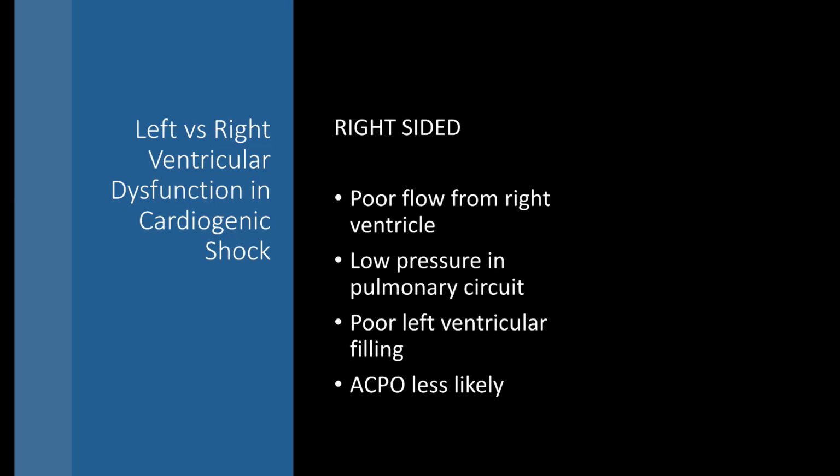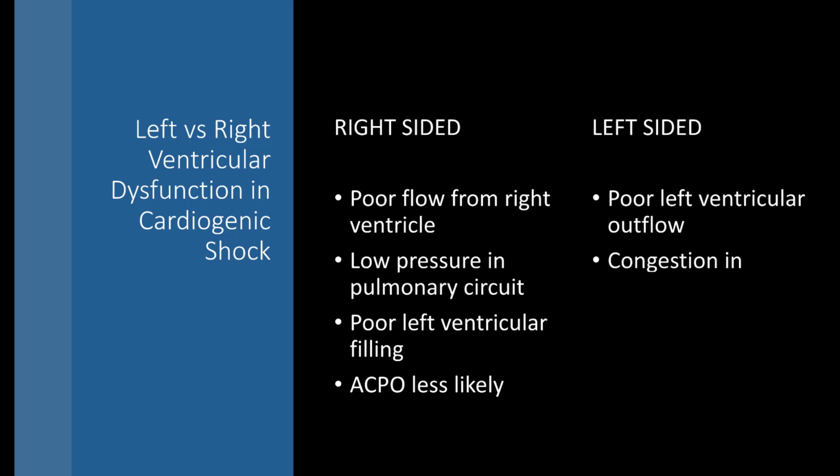Now, where the cause of the cardiogenic shock is directly linked to poor performance of the left ventricle, the opposite is likely to occur. Because the right ventricle is more likely to forward sufficient blood volume into the pulmonary circuit, and the left ventricle cannot clear it. So the pulmonary pressures rise and acute cardiogenic pulmonary edema will occur.